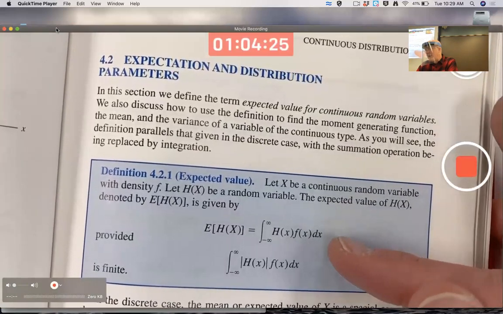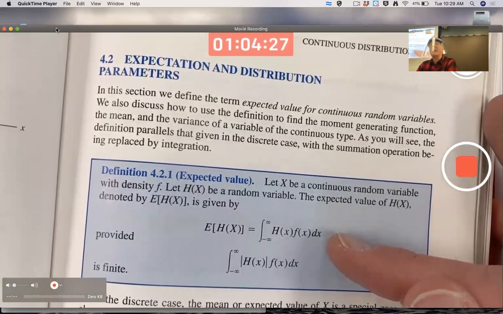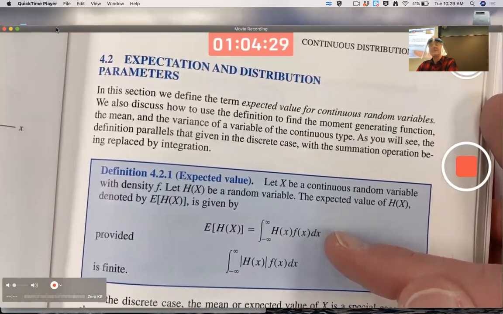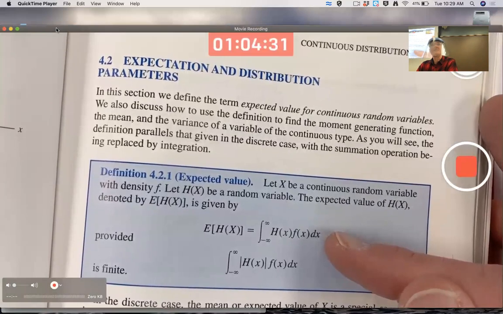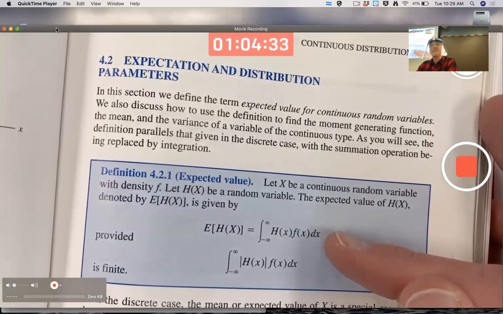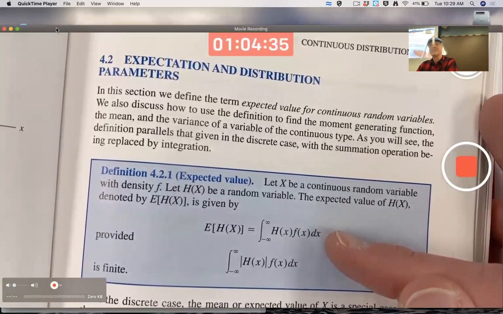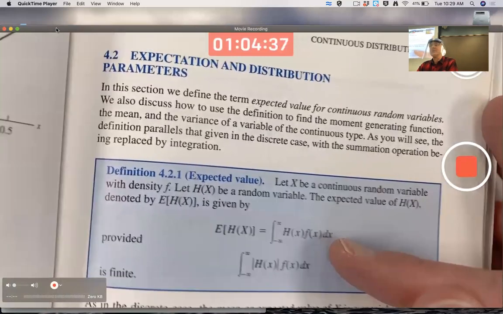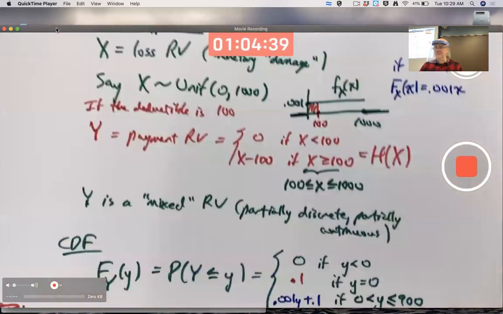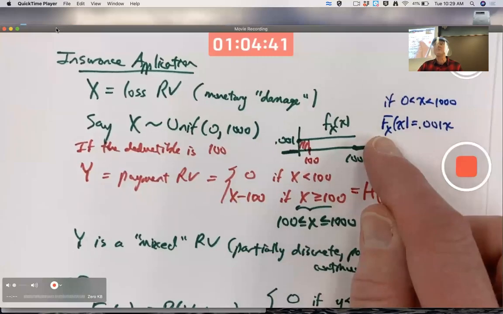And the little f I can use is not the PDF of y, but the PDF of x, the loss random variable, which is a nice PDF that doesn't have an infinite value anymore. The original PDF for x, that's what I can use.